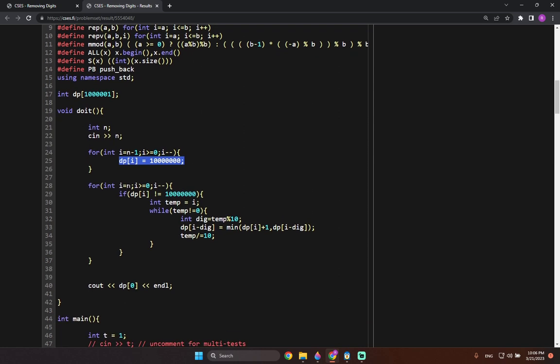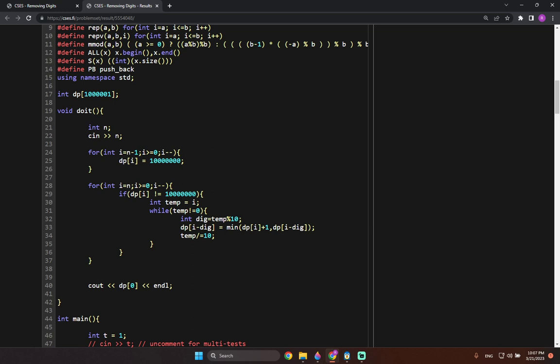And then we go from n, which is the initial number, up until 0. And we're going to decrement since we're going downwards. And we're going to check if this number is reachable. If we can reach it, then the dp for that number is going to have some value that is not 10 million.